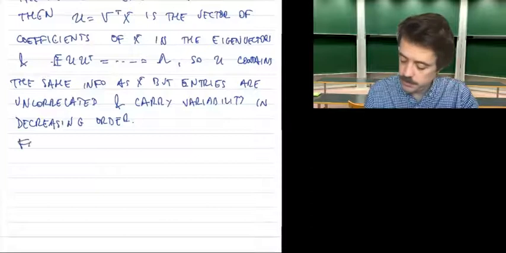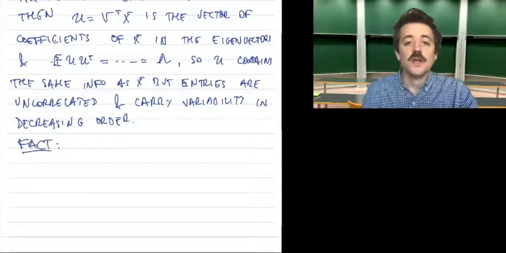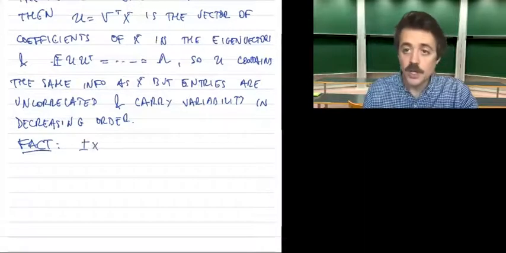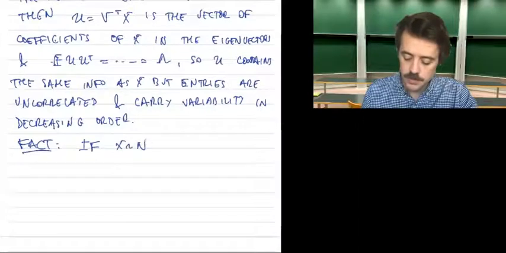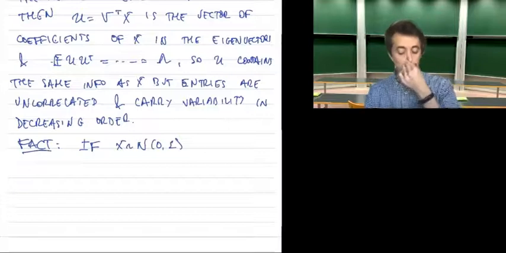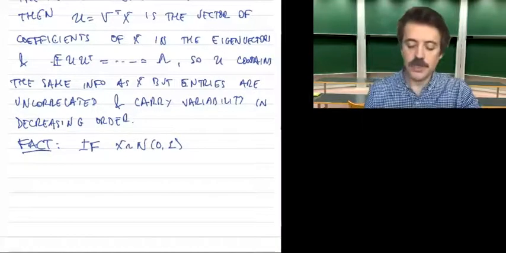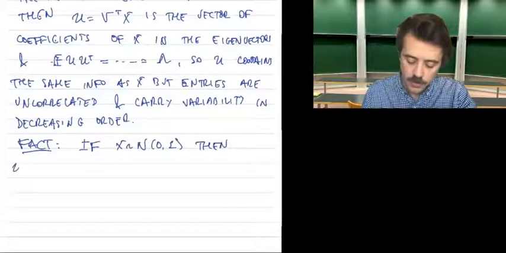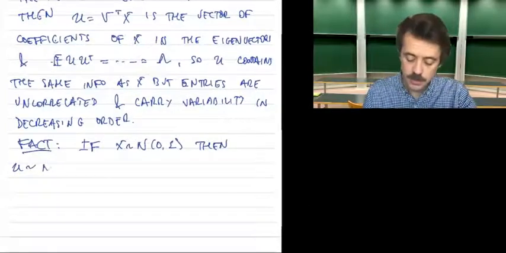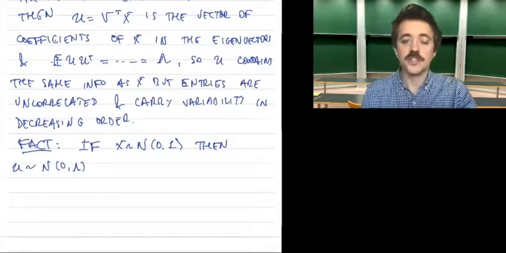The fact is the following: if our X is distributed according to a normal distribution with mean 0, and that's just the assumption, and covariance matrix capital sigma, then the U that comes out of it is distributed according to a centered normal distribution with the covariance matrix given by this capital lambda.